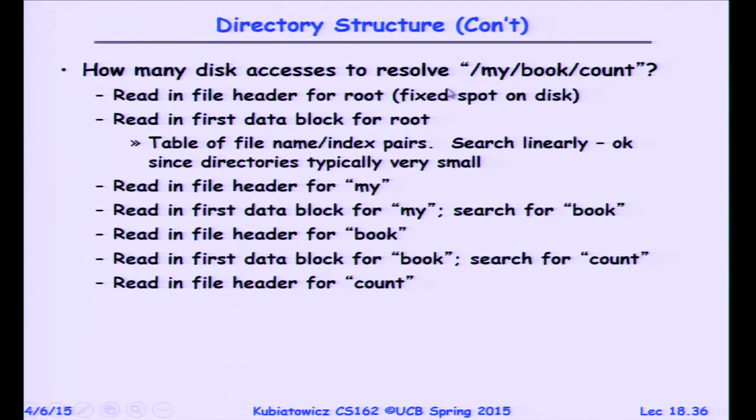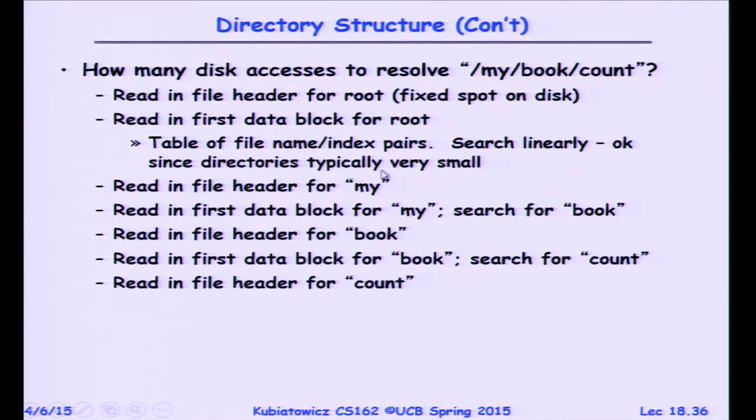Let's look at the directory structure for a moment. How many disk accesses? This seems like it could be a problem on a midterm at some point, right? /my/book/count. What do you have to do? You read the file header for the root at a fixed spot on the disk. Then you read in the first data block for root, and it's a table of file name pairs. Hopefully you find the word my very quickly in the first block.